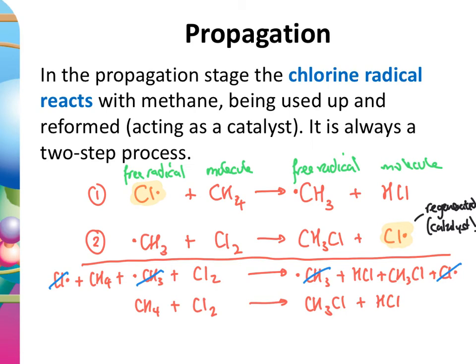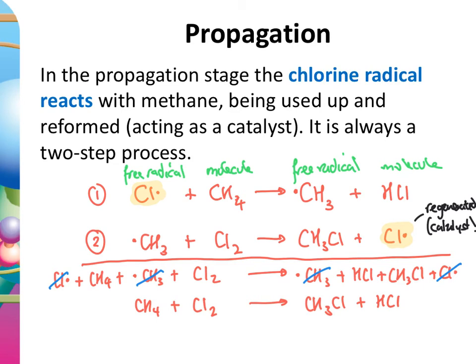So a catalyst never features in the overall equation because it's on the left-hand side and it's on the right-hand side, which means it cancels out, which means it doesn't appear in the overall equation. So our chlorine free radical was regenerated in the course of these two propagation steps. That makes it a catalyst. That also means that the propagation steps can happen again with that regenerated chlorine free radical, and the reaction can happen again and again.